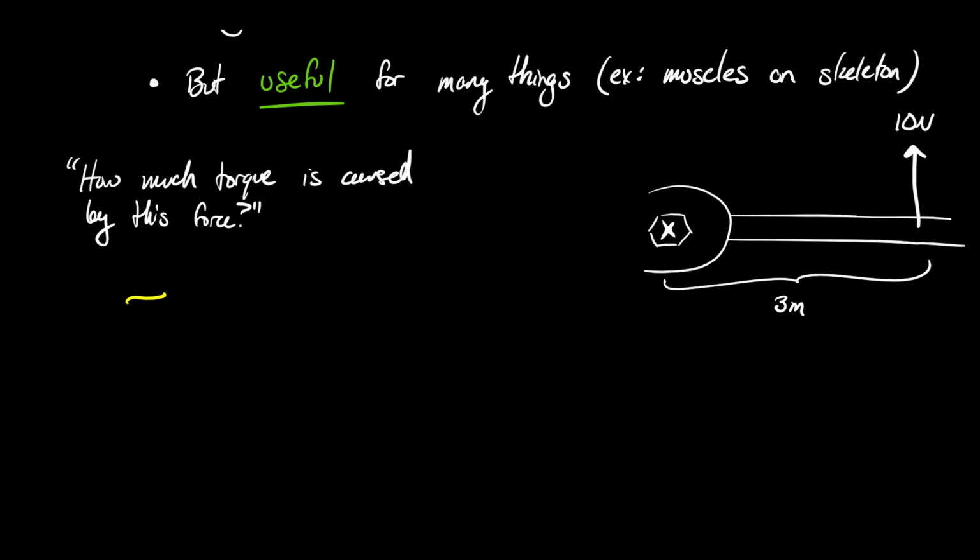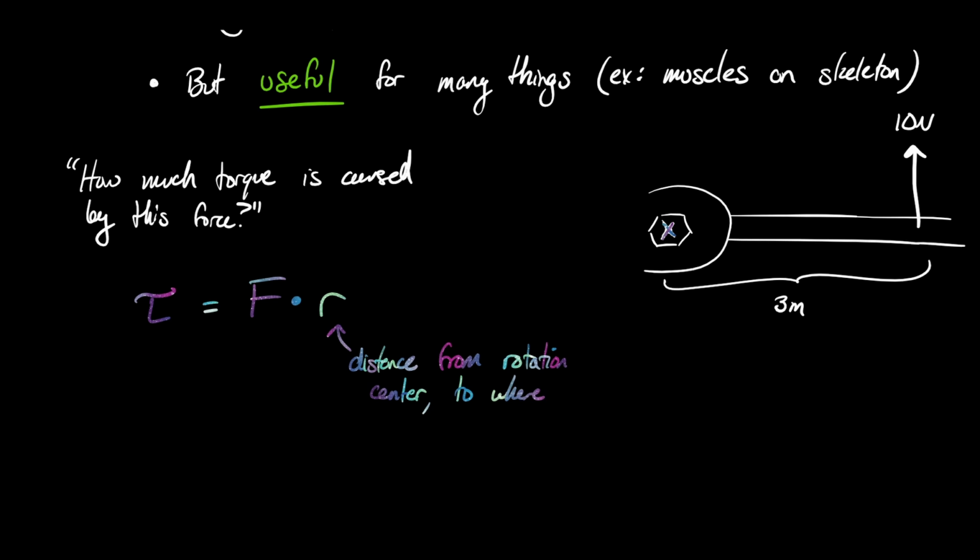The equation is going to be, and actually I'm going to galaxy pen this because of its importance, torque, which is denoted tau, is going to be the force times this letter r, and this r is the distance from the rotation center, which remember I have marked with a little x here, to where the force is applied.